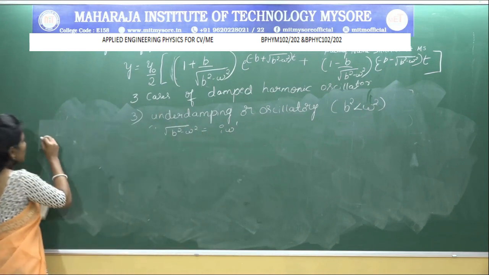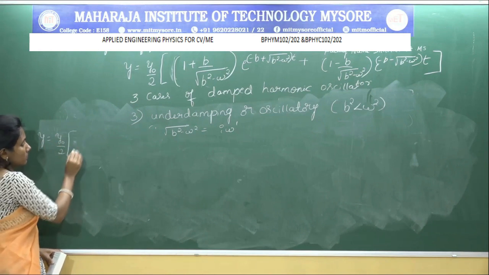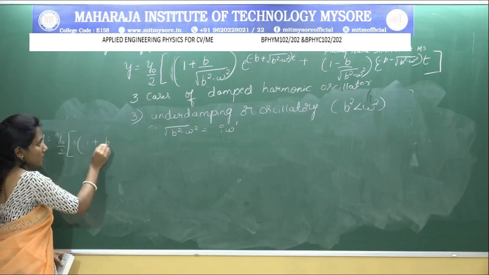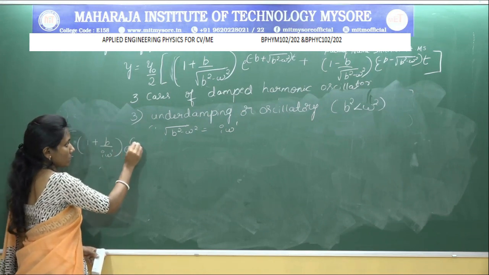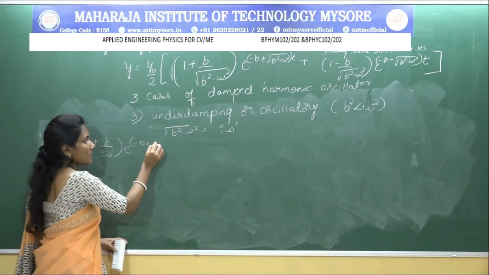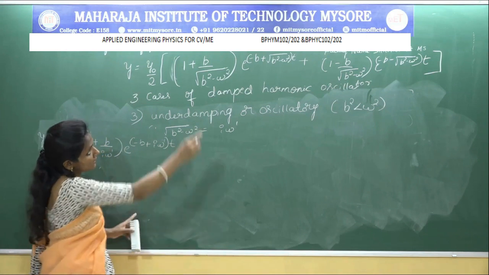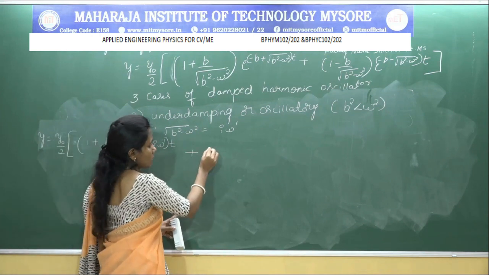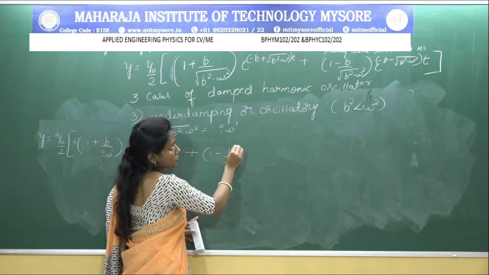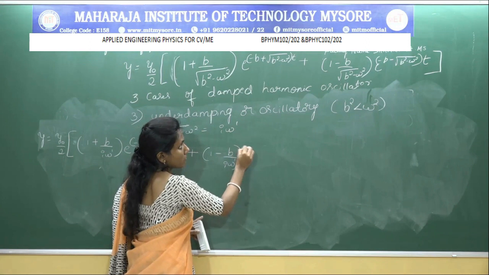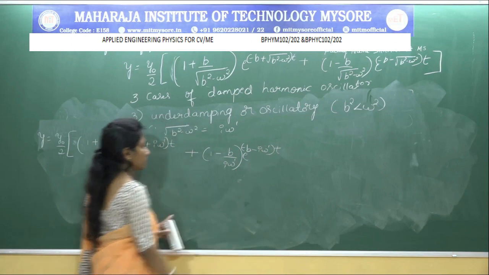So now substituting in this equation, we get y is equal to y naught by 2 times [1 plus b by i omega dash] into e to the power of minus b plus i omega dash into t, and the second term plus [1 minus b divided by i omega dash] into e to the power of minus b minus i omega dash into t.